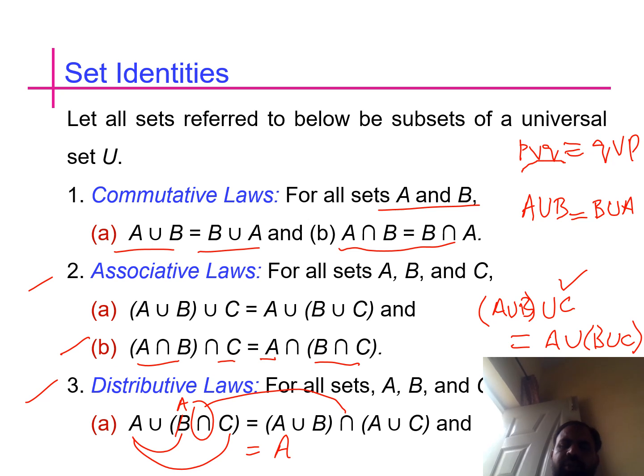Associative laws also hold for all sets A, B and C. A union B union C is equal to A union B union C, and with respect to intersection, A intersection B intersection C is equal to A intersection B intersection C. Now we present the distributive laws for all sets A, B and C. A union (B intersection C) is equal to (A union B) intersection (A union C).